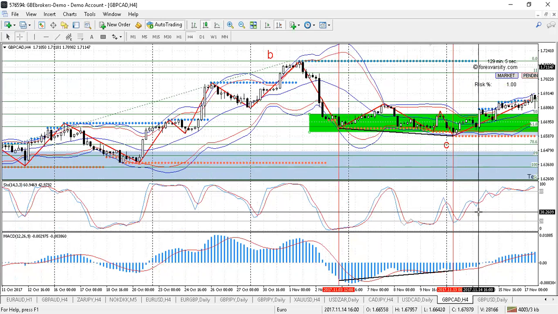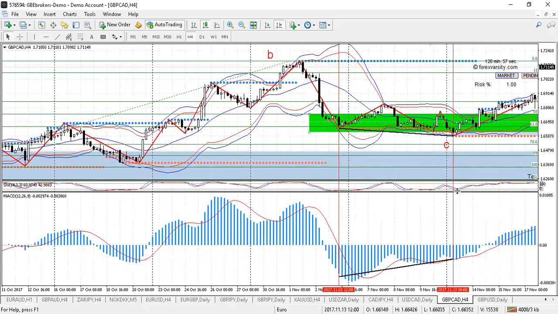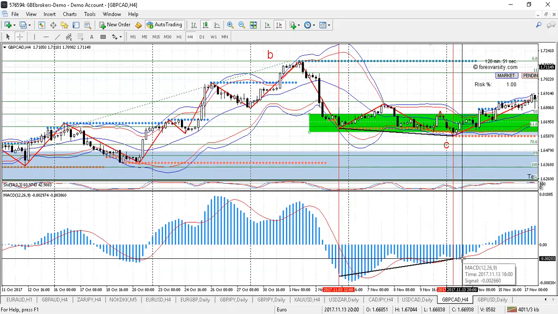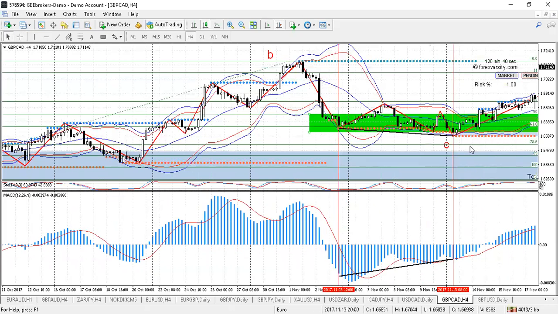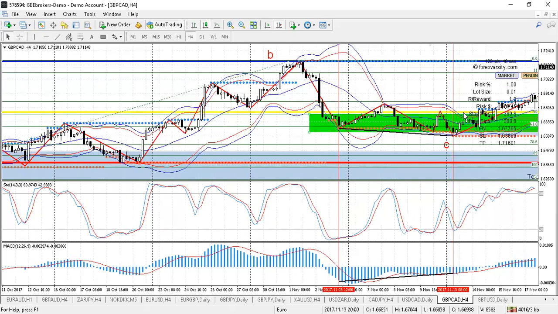Then your stochastic has popped up through the 20 and is crossing over. And if I look very closely, I sometimes need to zoom in, at that point your MACD has also popped out of the cloud. So you've got some very strong signals indicating a buy. So you could have bought at that point there.